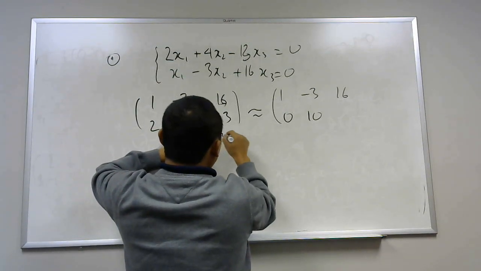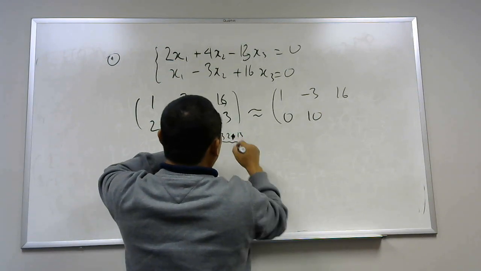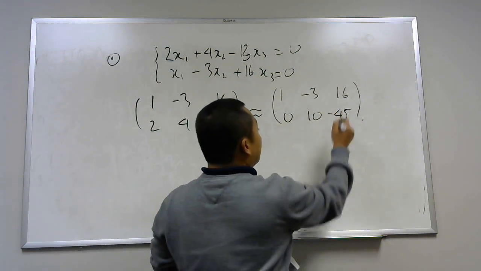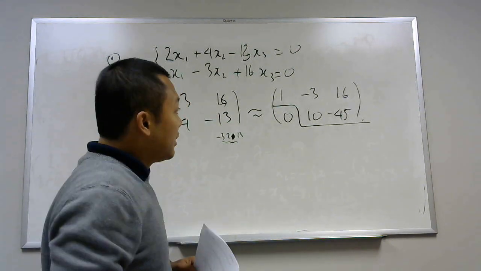So -32 add -13, I would have -45, right? Negative 45. So this is a row echelon form.